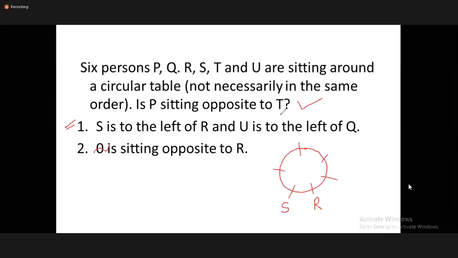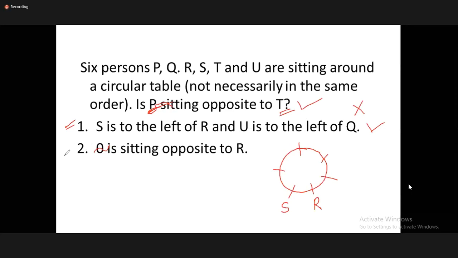U is to the left of Q, so I don't know where I have to place U now. Guys, do you have any information regarding P and T in this statement? Yes or no? So one is not sufficient to answer the question.